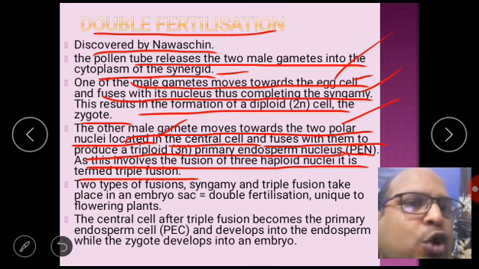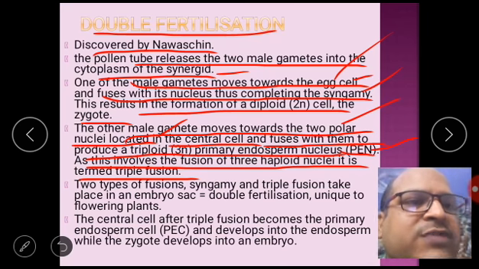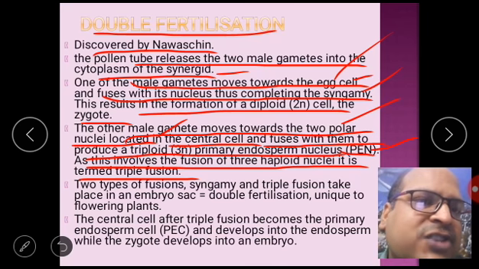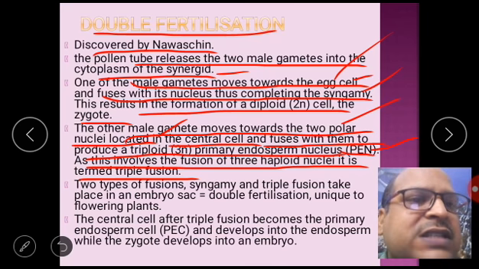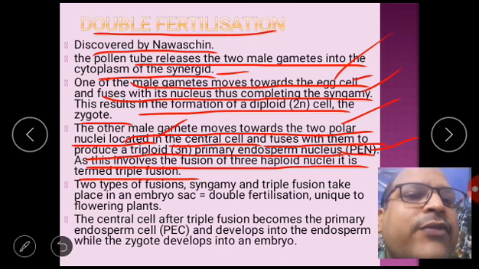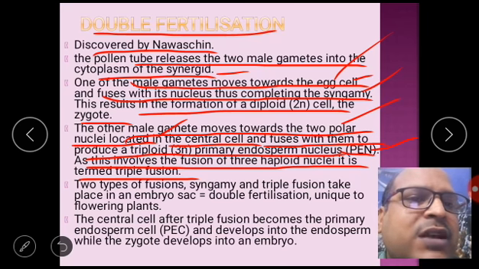So overall how many will be there? 1 plus 2, that means 3. So it will produce a triploid, that means 3n, primary endosperm nucleus. So this primary endosperm nucleus will be a triploid structure. Okay, so it is clear. Now since it is triploid, this type of fusion is known as triple fusion.